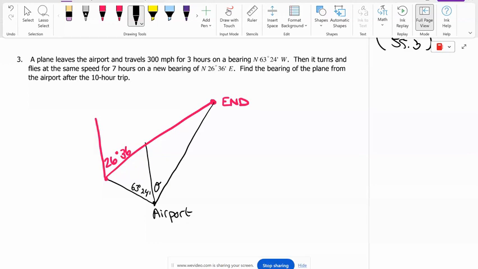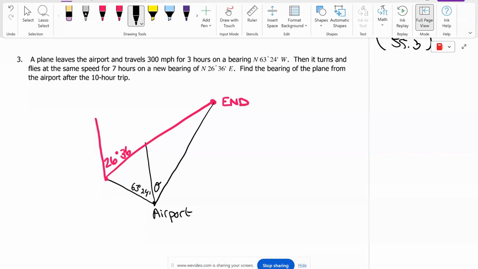So once we get our diagram, what's the next thing we always look for? The right angle. Yep. Oh, I forgot to label. Sorry, I forgot to label our distances. From the airport to this point right here, we traveled 300 miles per hour for 3 hours.